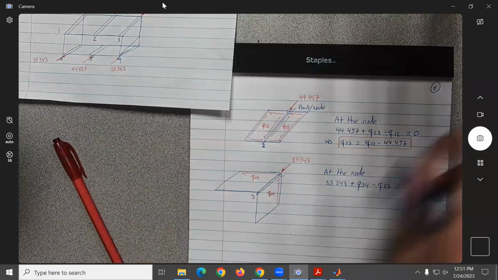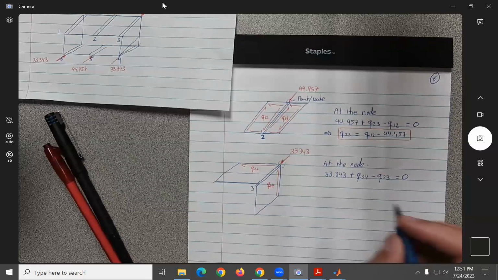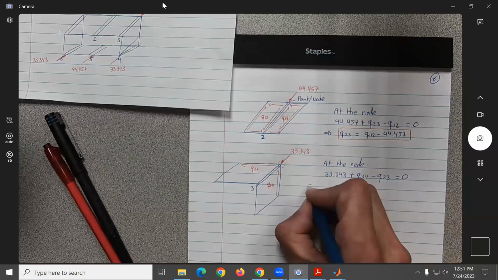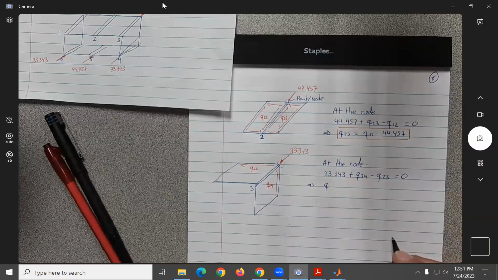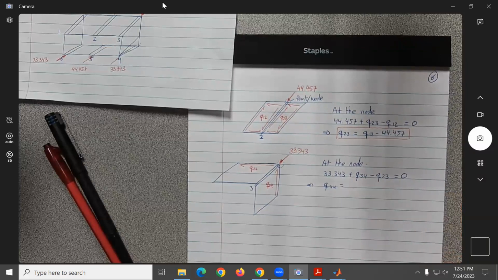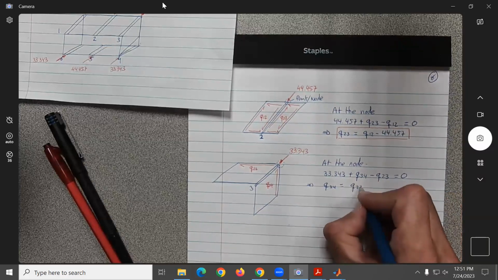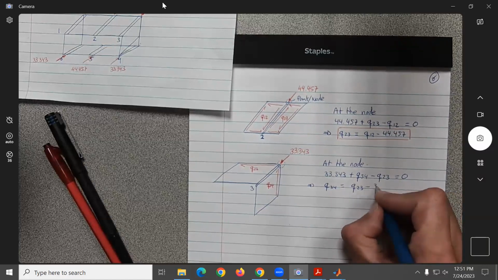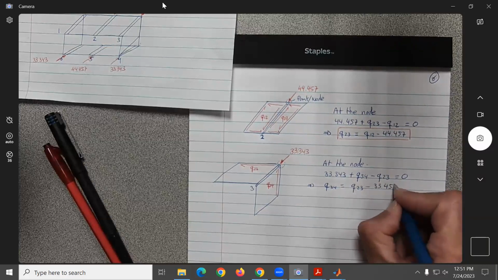So here I'm going to have to go to the code. But basically what we're going to have here is Q34 is equal to what? Will be equal to Q23 minus 33.457.